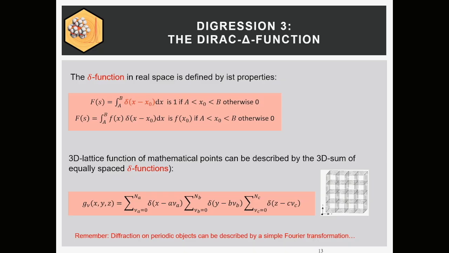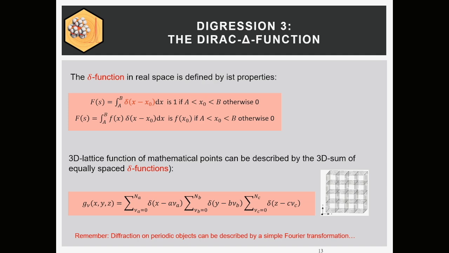And also defined is that if you multiply the Dirac delta function by another function and do the integral, what comes out is that particular other function at the position x0.